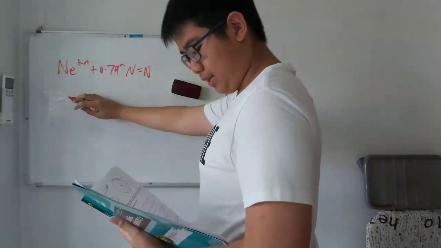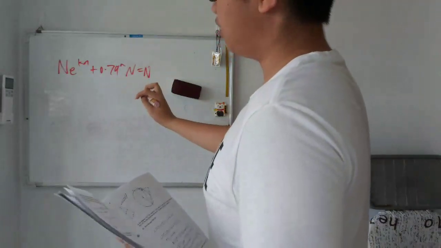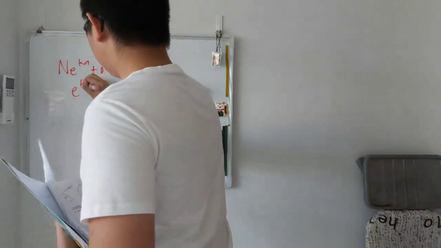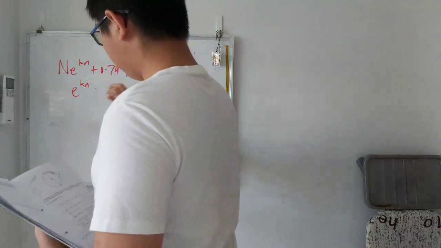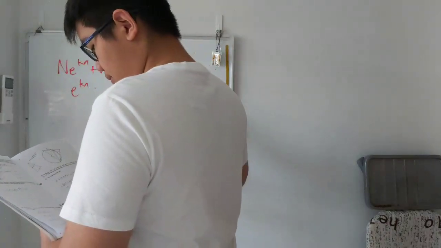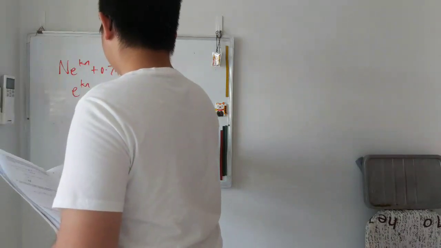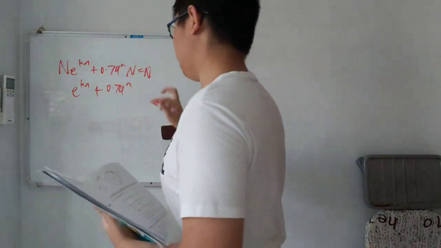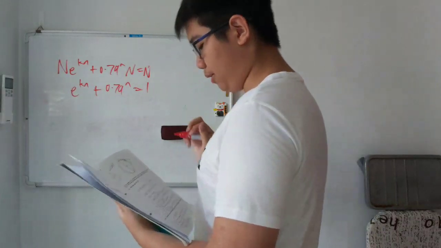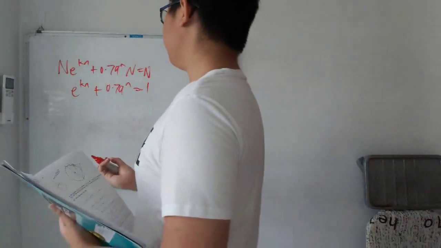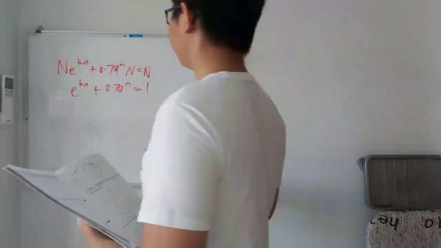What we need to do now is divide by N on both sides. So e to the power of kn plus 0.79 to the power of n equals 1. Now there's a capital N on all terms, so we can just divide, no problem, it goes to 1. Okay? So what now?